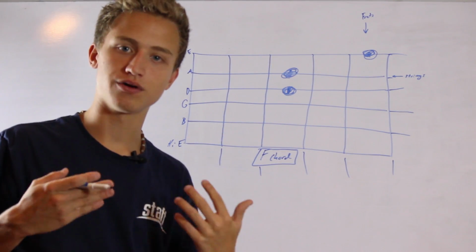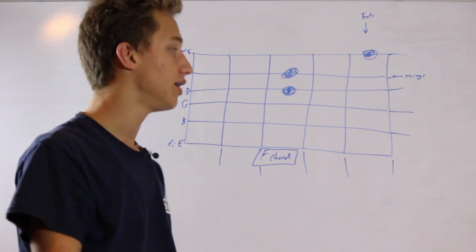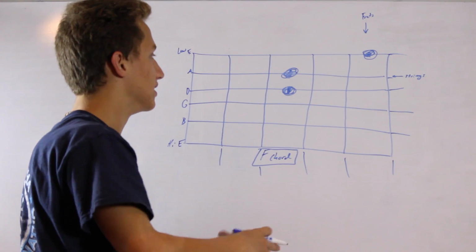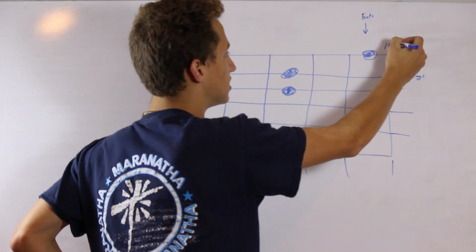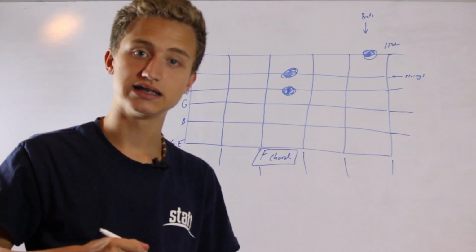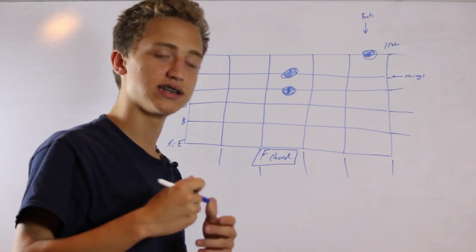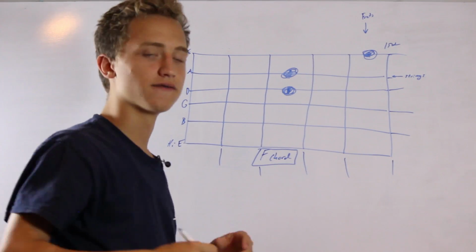Another way to say it is a chord graph. I don't know if you guys have gone over graphs before in school, but this is very similar. Right up here, it's going to say the fret that it starts on, because if it's a chord that does not start on the first fret, this is not going to represent the first fret.